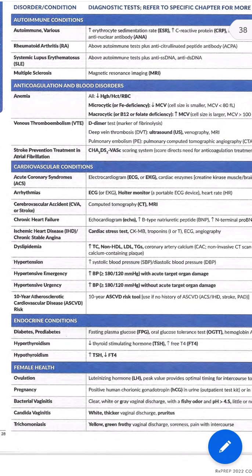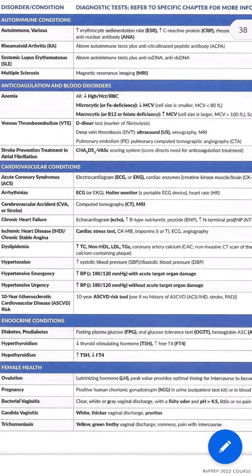When they have a deficiency in folate, like in pregnancy, they have to take a folate supplement. Actually, for pregnancy, you do have to take a folate supplement no matter what. That is the recommendation for pregnant women. But if you're not pregnant and you have MCV over 100, you do have to get a folate supplement.